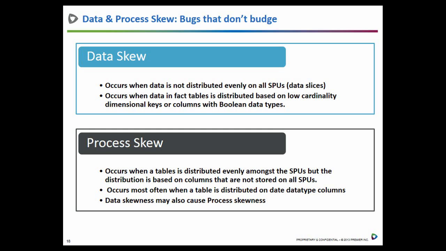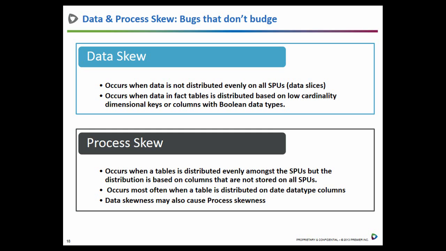But I have distributed my data on date columns. So all my spools which have data for other years will never be used, right? So that can cause a lot of process skew. I'm using only a few spools on which the data for these years are stored.